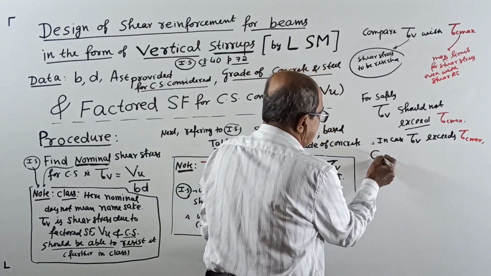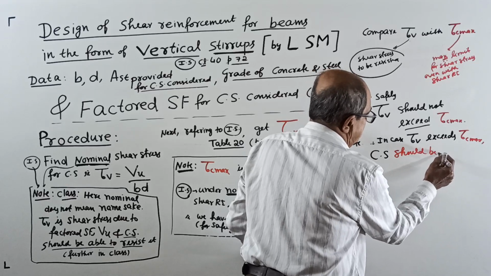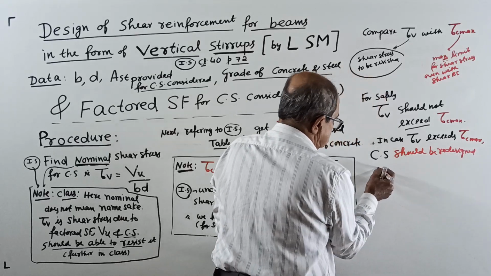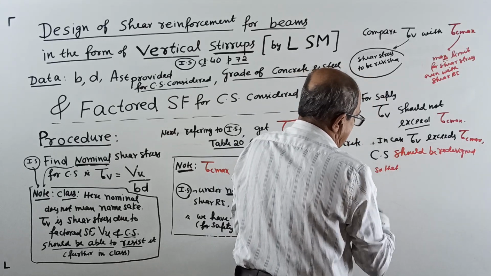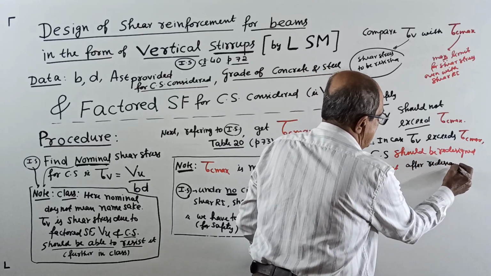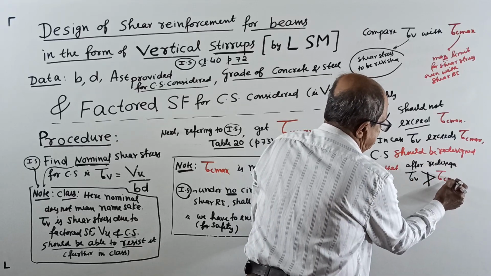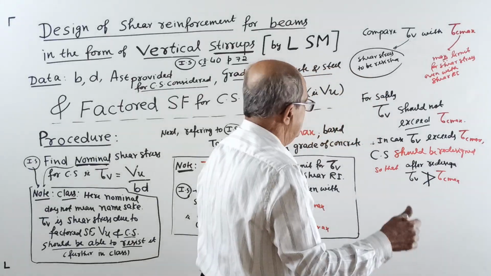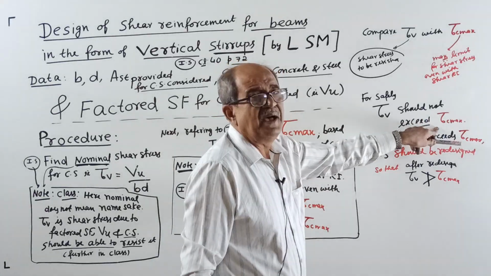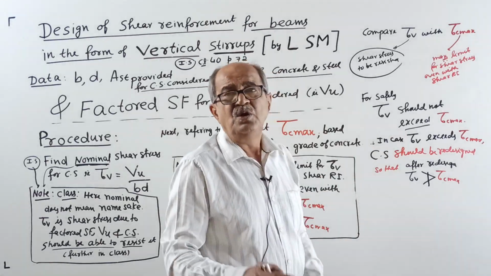As I told you, the cross section should be redesigned so that after redesign, tau V is not more than tau C maximum. So if tau V exceeds tau C maximum, our procedure stops here. You cannot continue. What do you have to do? You have to redesign the cross section.